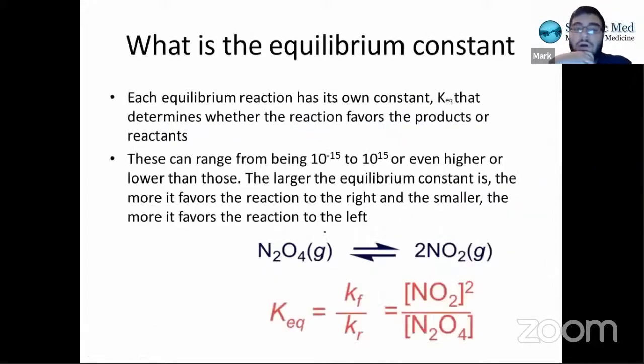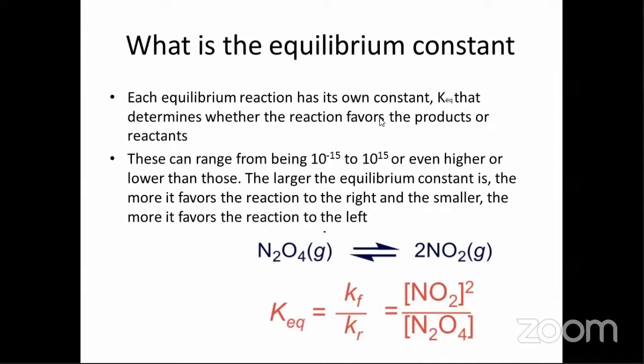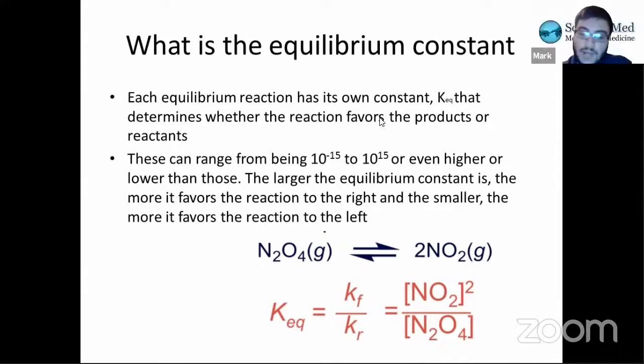Okay, so there is this value called the equilibrium constant. Each equilibrium reaction has its own constant, which we write as KEQ. That determines whether the reaction favors the products or the reactants.